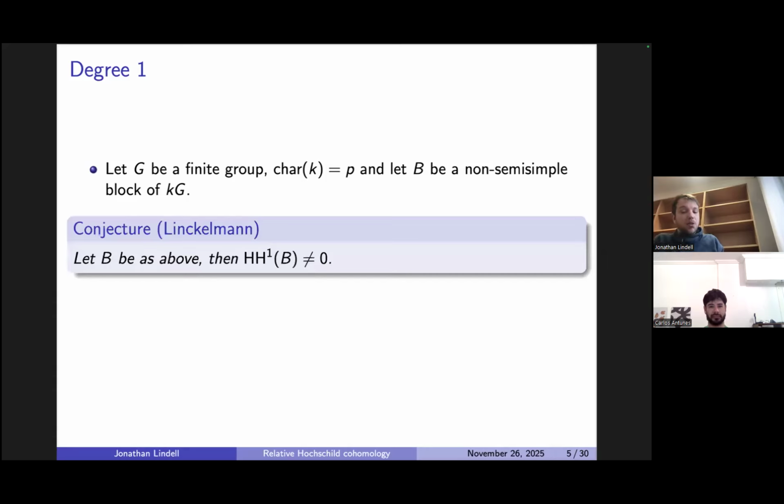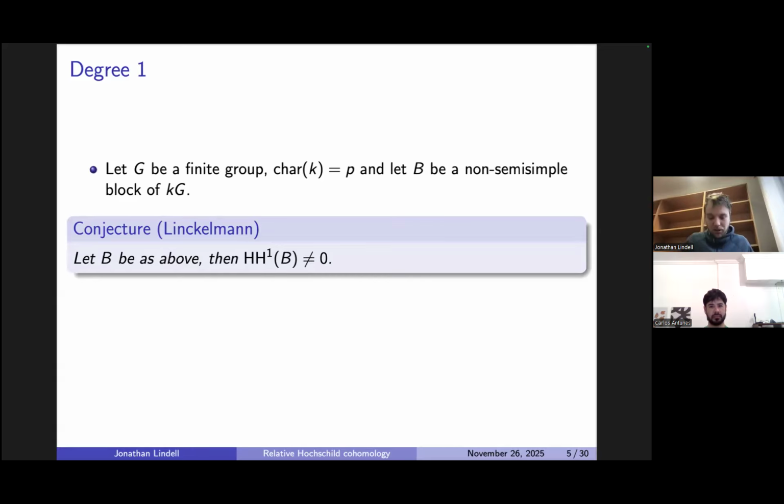This is, for example, known in the case of blocks of symmetric groups. But in general, it's an open question. So even the non-vanishing of the Hochschild cohomology in degree 1.